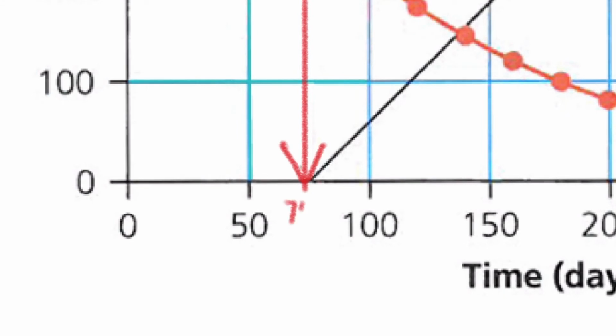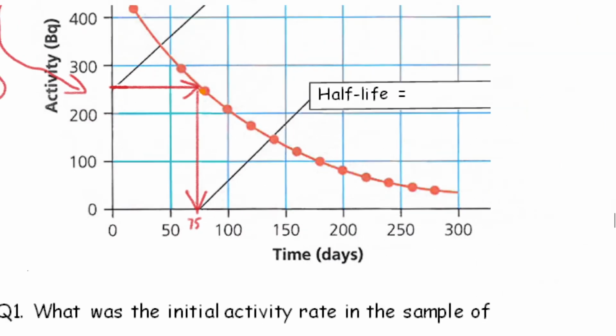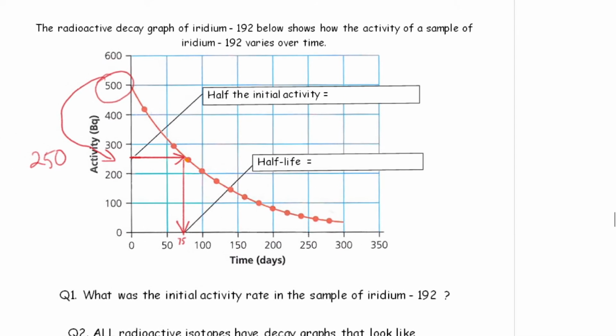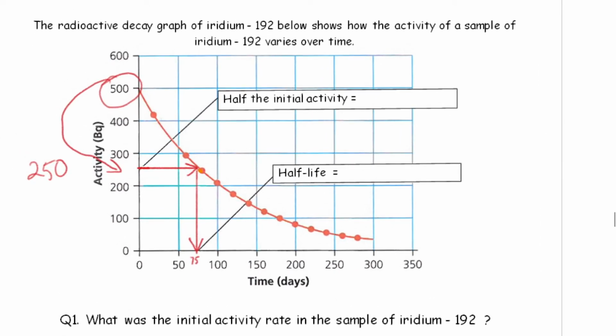So I would say that's 75, the half-life of this particular radioisotope, iridium-192, we found out at the start, was 75. Let's look at the units, days, 75 days. So half the initial activity, we say is 250, remember the units, there it is, becquerels, Bq. And the half-life is shown here, 75 days.